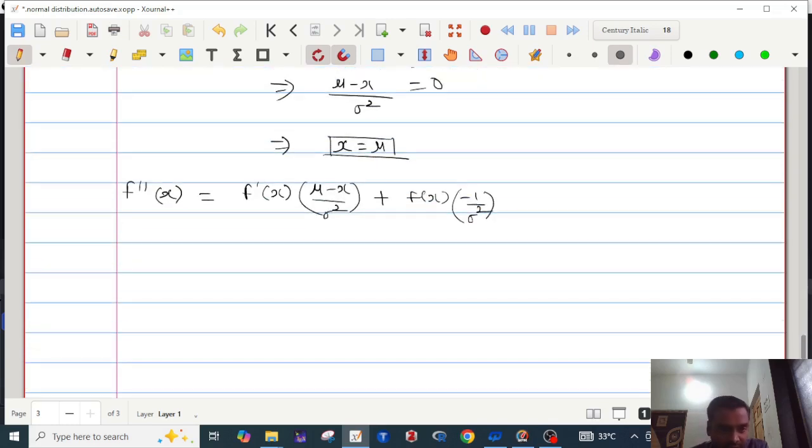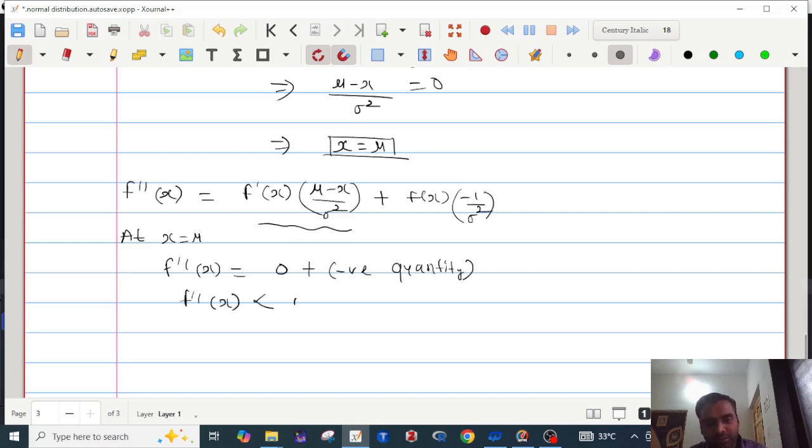Okay. And if we put the value at x is equal to mu in f double dash x, what will this become? This will be 0 if you put the value of x is equal to mu here. The first part will be 0, and now this is the negative quantity. 0 plus a negative quantity. So at x is equal to mu, f double dash x is less than 0.